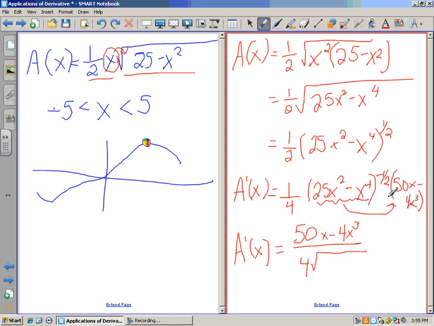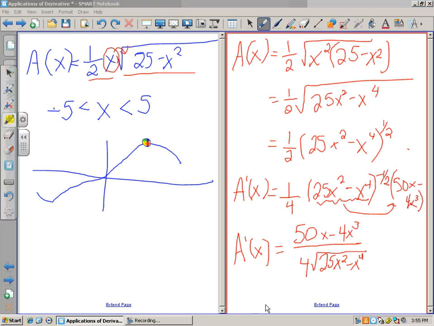times the square root, because that's the half power, the square root of 25x squared minus x to the 4th. All right, so again, this did not have a negative power, so it went in the numerator.